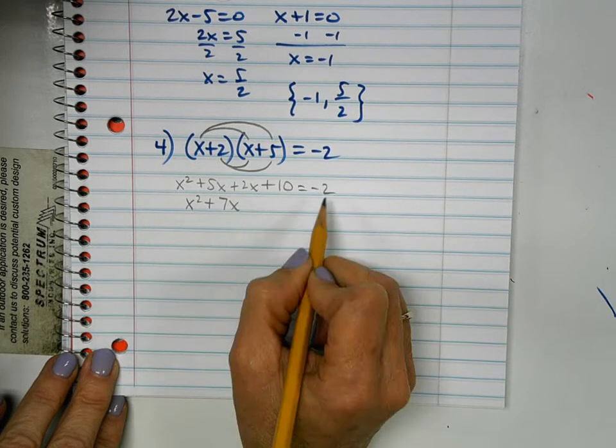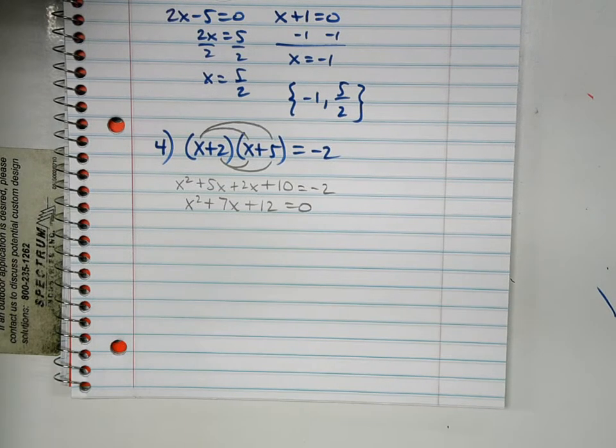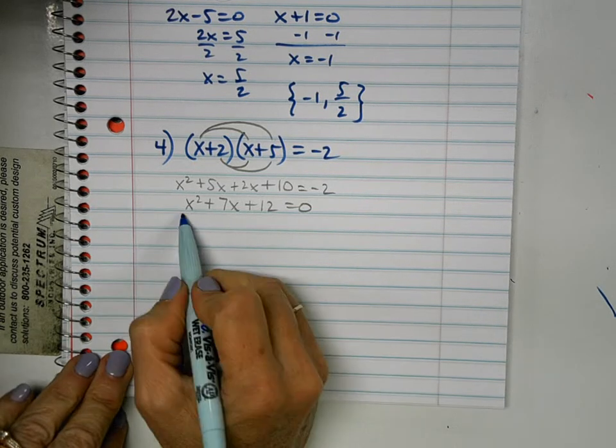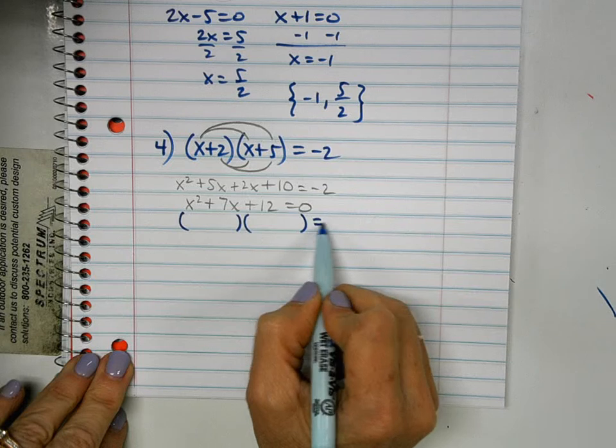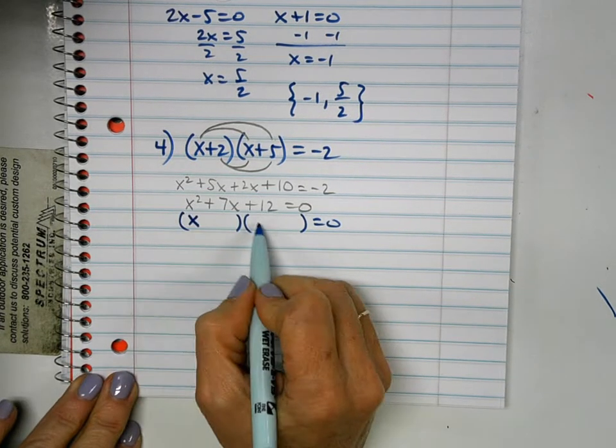And then can we add the 2 over and make this plus 12? Is that okay? Set it equal to 0. So combine the 10 and then add the 2 over, make it positive 12. Okay, then we're going to try to factor this, which actually I like this kind. If there's no leading coefficient, the trial and error is a lot easier, right? Because your first term has to just be x and x.